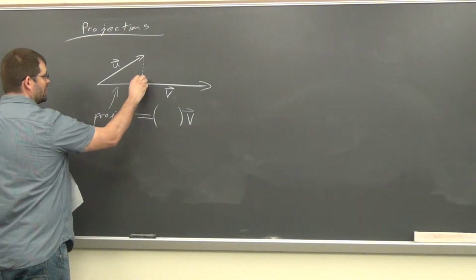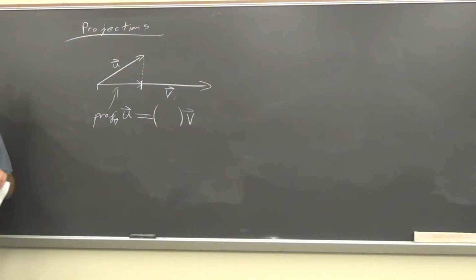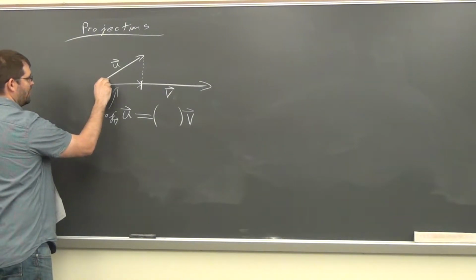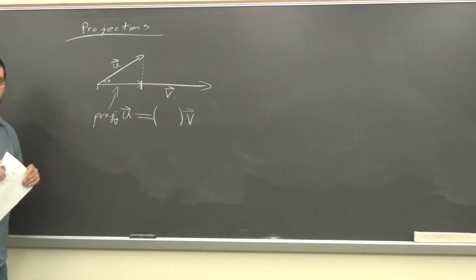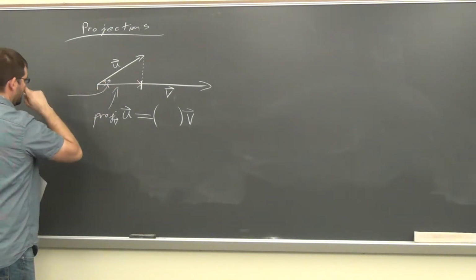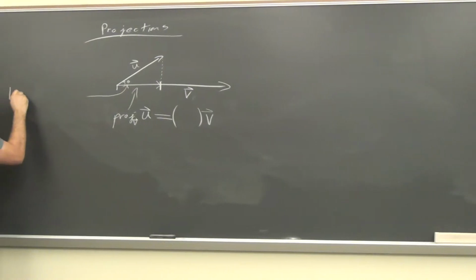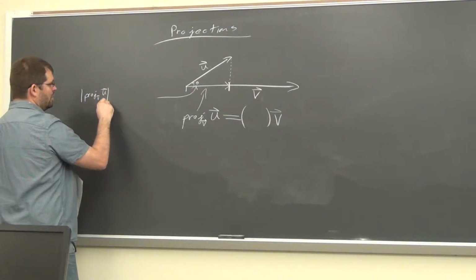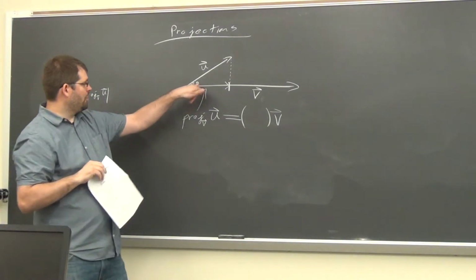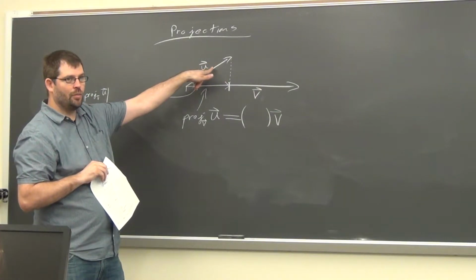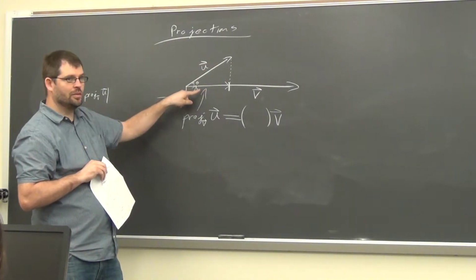Now our question is, what's the length of this vector here? All I want you to do is think about some trig. So here's your angle theta. The length of my projection of u onto v: if you think of this angle as theta, and you've got u up here, what trig function comes in?